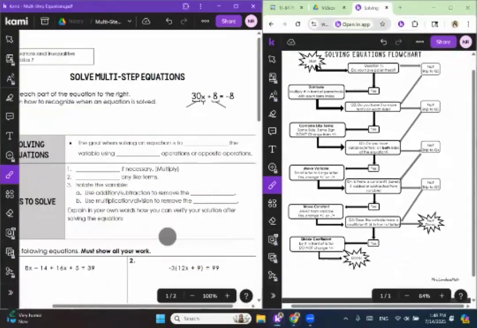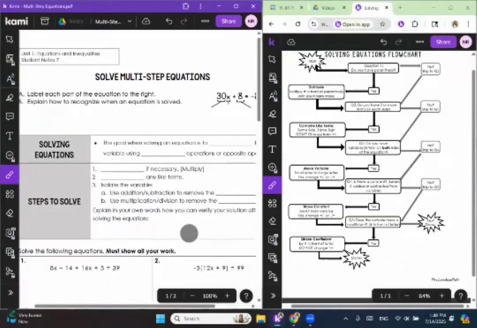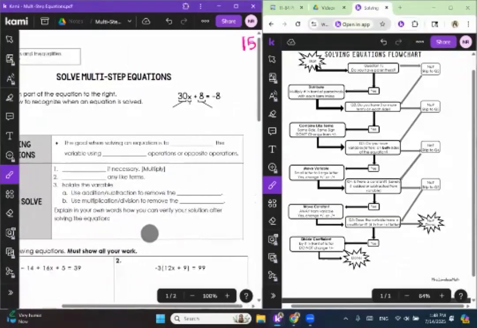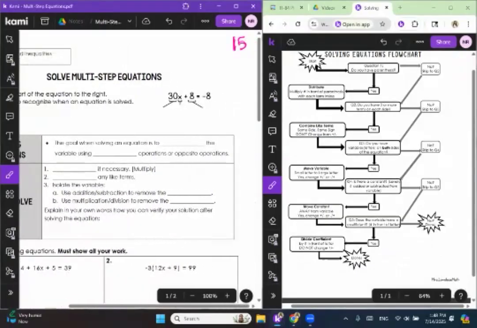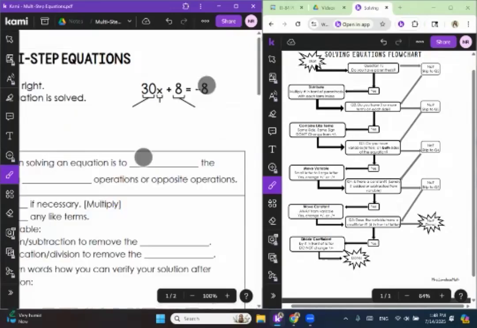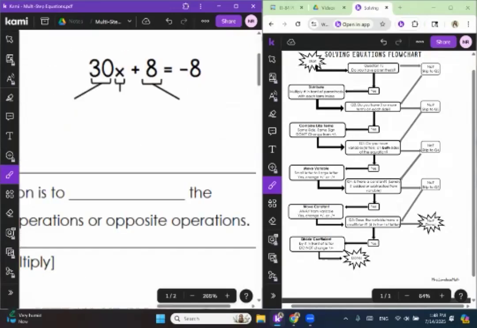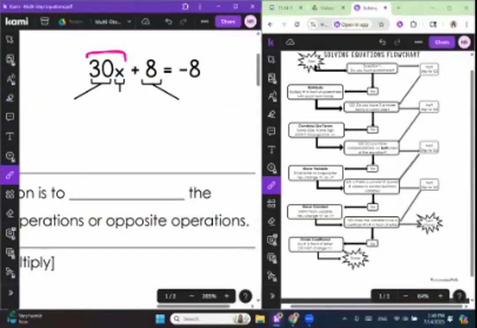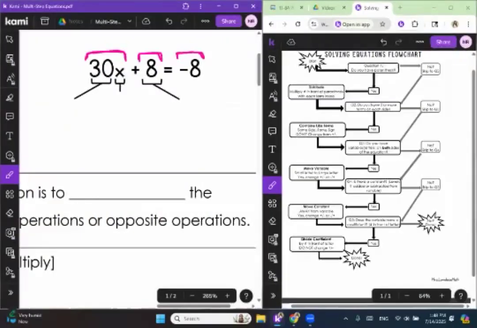All right, so it says label each part of the equation on the right. Explain how to recognize when an equation is solved. Okay, well, we've labeled these parts over and over again. Whenever you have two groups of numbers that are split up, each group of numbers is called a what? A term. So these are all terms right here. So we have three terms. They're split by a plus or minus sign.